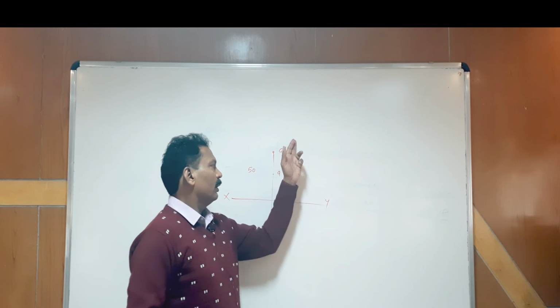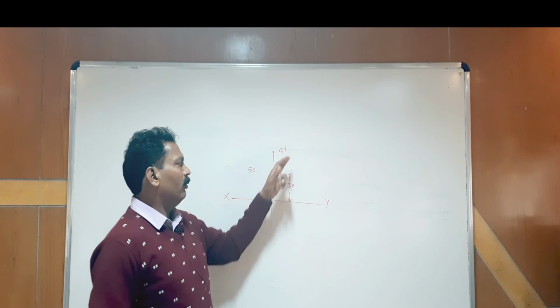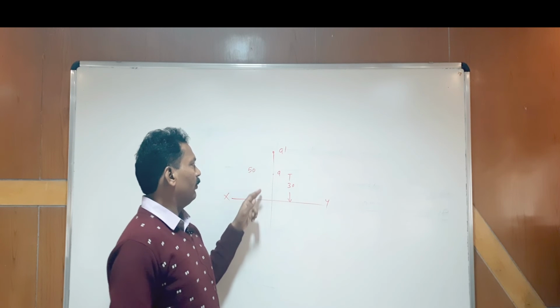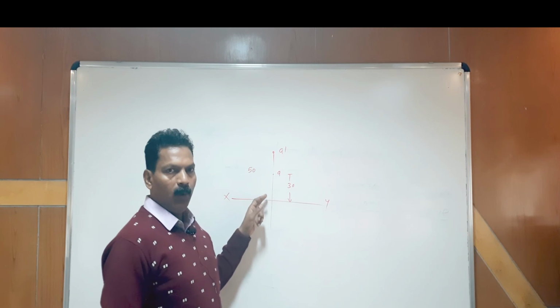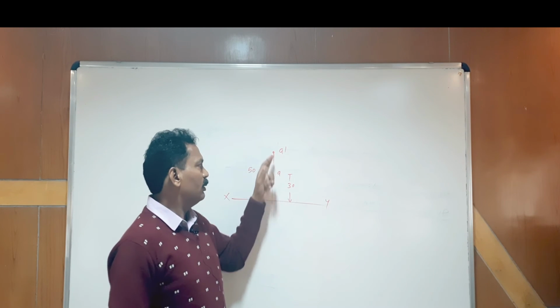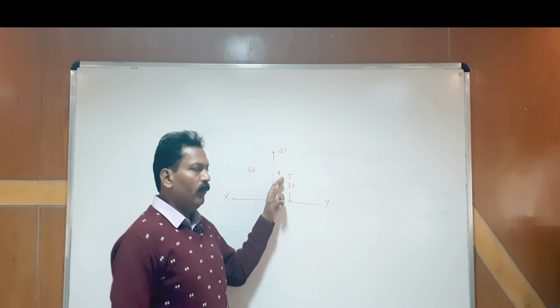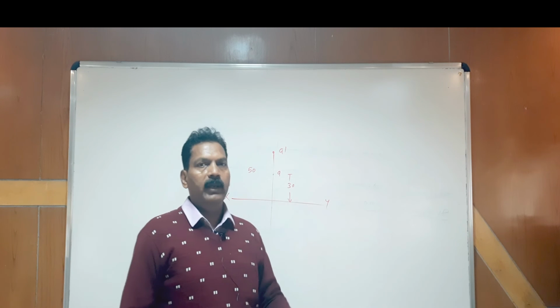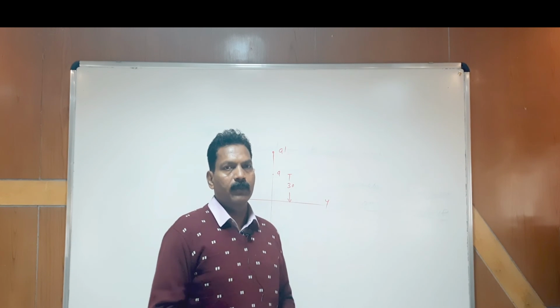It means A dash is 50 mm above the XY line. The point is 50 mm above HP. The top view is 30 mm above the XY line. It means the point is 30 mm behind VP.